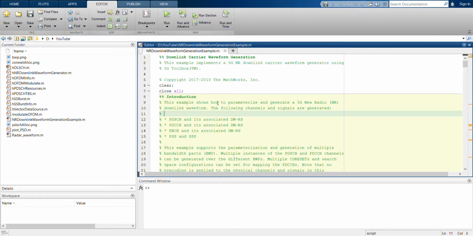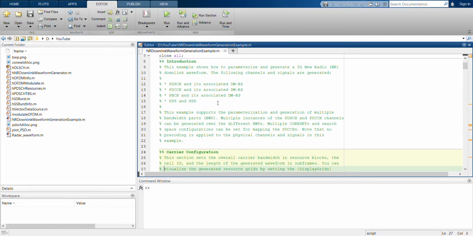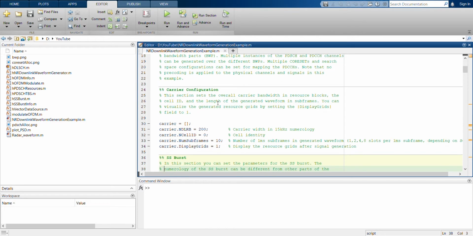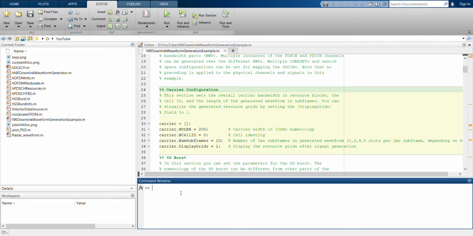So the first thing we have to know is this carrier configuration part. In this part, you first define what the total bandwidth of your 5G signal is. And first things first, in 5G there are different subcarrier spacings allowed here.